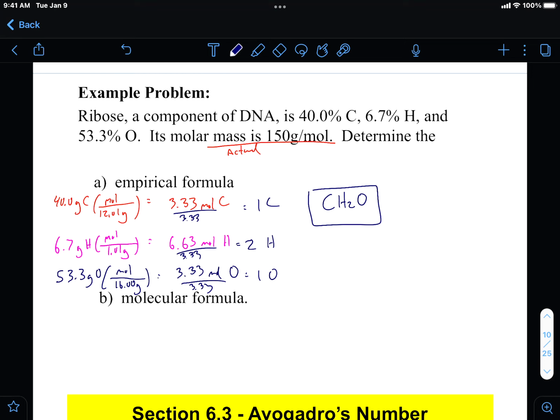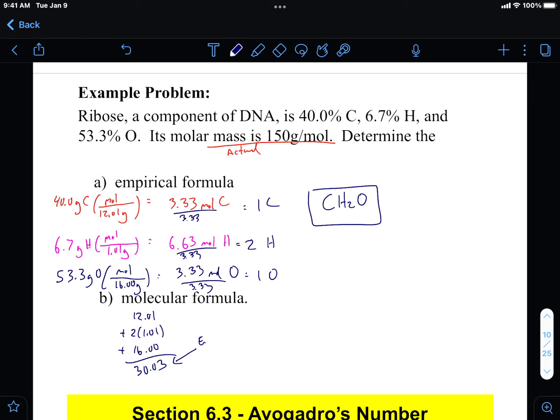Okay, so that's our empirical formula. They want us to find the molecular formula now. So remember what we said. The first step to find the molecular formula is we got to figure out how much the empirical formula weighs. So let's add these up. So 1 carbon plus 2 H's plus 16. So 30.03.